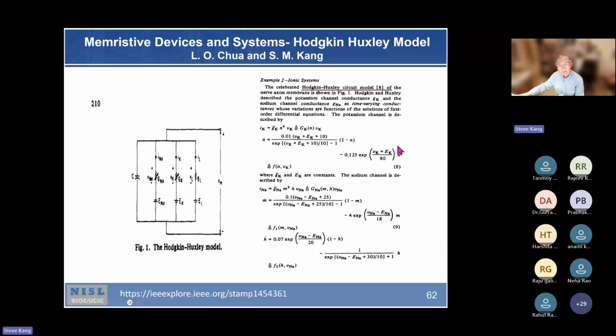It turns out that it's always in a power of 4, n raised to the power of 4. Here is m^3 h^1, so if you add 3 and 1, it is 4. So they postulated that maybe you will have a conduction in each channel when 4 particles line up with a probability of 1.